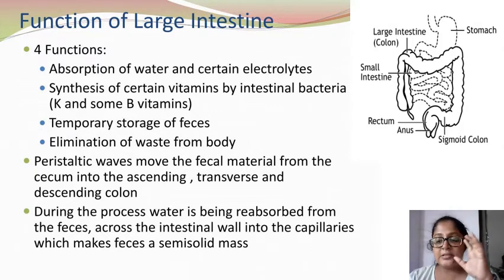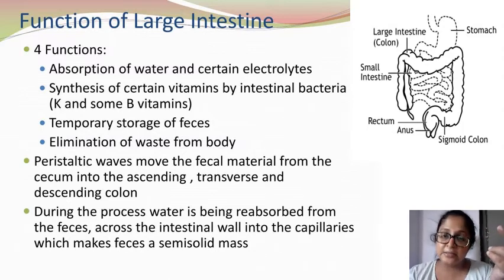It is 6.5 centimeters in diameter. So the large intestine is large because of its diameter. The cecum is the first part of the large intestine, and it has the vermiform appendix, which is a fine tube, as we know, and it is usually about 8 to 9 centimeters long.